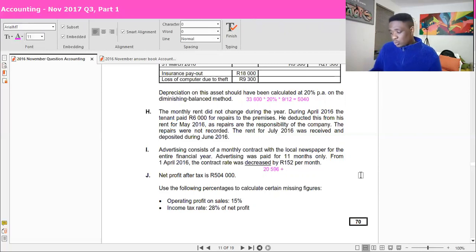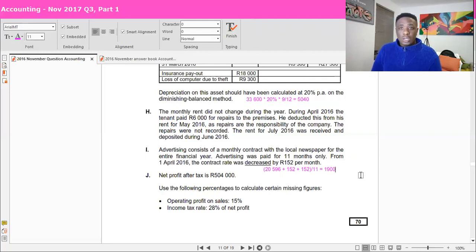And to do that, we'd have to add the 152 back because it was subtracted from the other balance that we had. So we'll have to add that 152. So we have to add 2 of them, right? Because it's 2 months that are falling outside this 152. And then what we need to do would be to divide that by 11. And then once you divide that by 11, we will have 1,900.